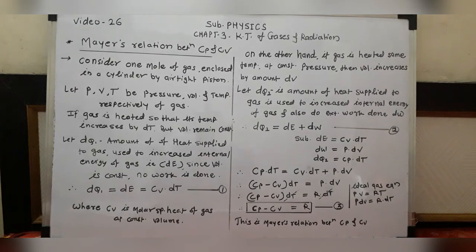The relation between them is known as Mayer's relation, that is Cp minus Cv is equal to R. Instead of Cp and Cv, if we take the molar specific heats mCp and mCv, we can write mCp minus mCv is equal to R upon J, or Cp minus Cv is equal to R upon mJ, where J is the mechanical equivalent of heat, and we can also use this formula instead of Cp minus Cv is equal to R. This is Mayer's relation, very important.